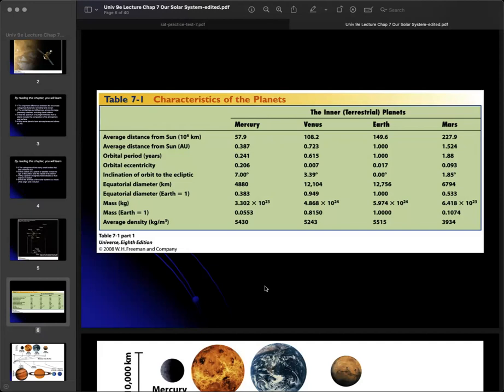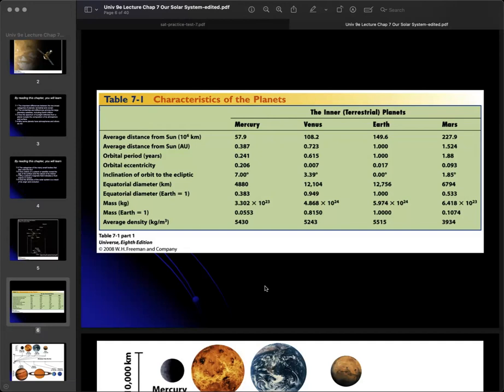The astronomical unit is set because of the average distance of Earth from the sun, and therefore the average distance of Earth from the sun is 1. And so all these other distances expressed in AU are relative to the Earth's distance. Mercury's distance is 0.387 astronomical units. Venus is 0.723 astronomical units, and Mars is at 1.524 astronomical units.